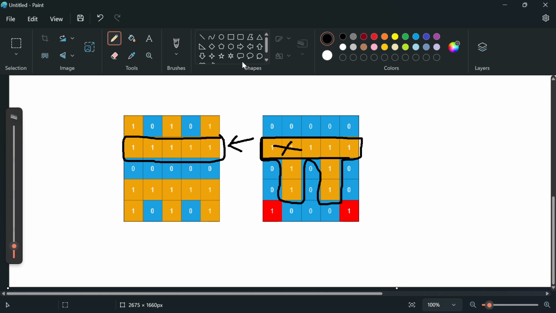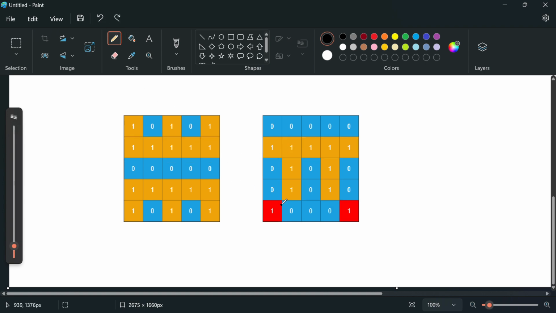Now explore the other islands. We have another island, which is a sub-island of this island, so we have one, and for this one, which is a sub-island of this one, so for this example the output is two.